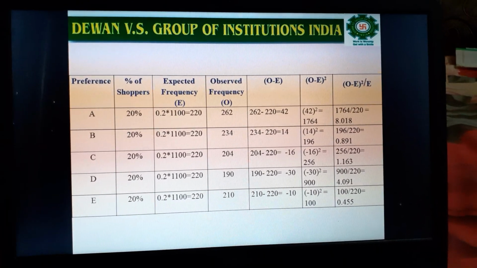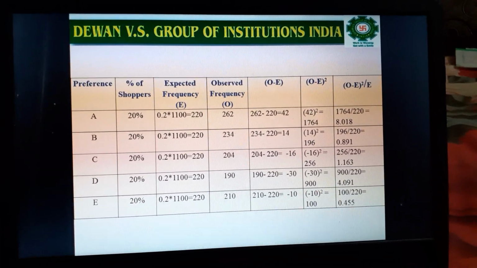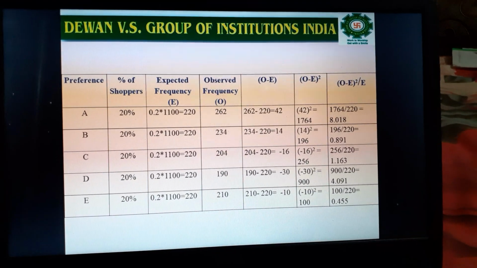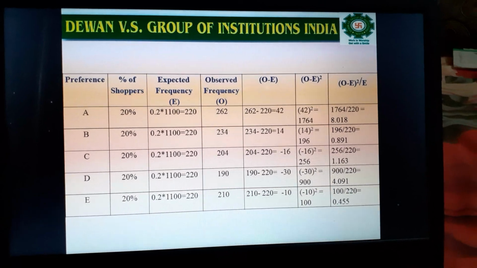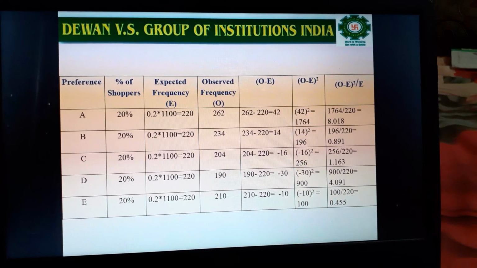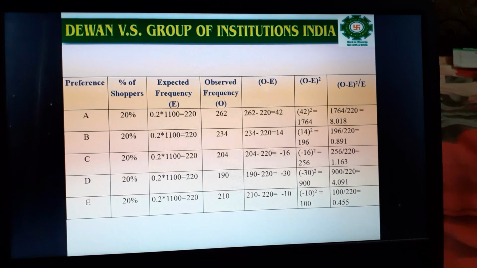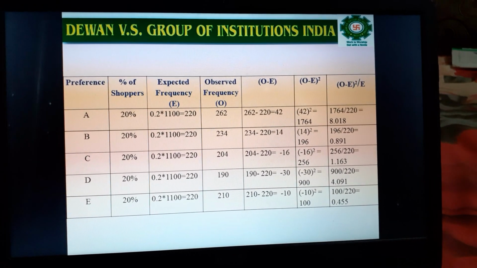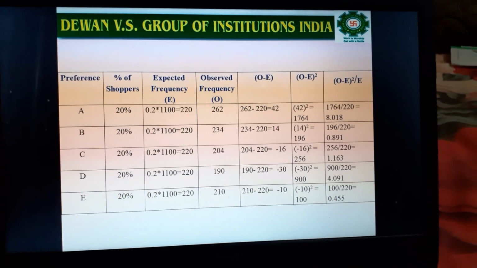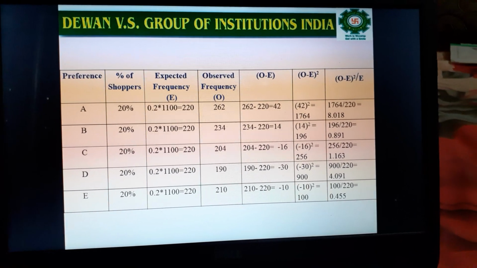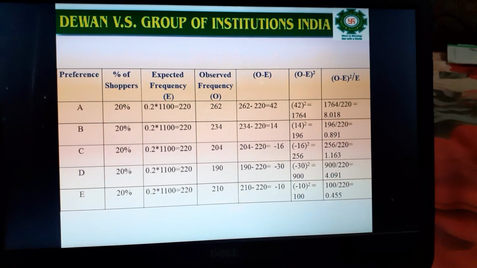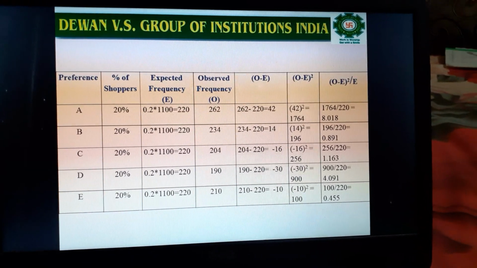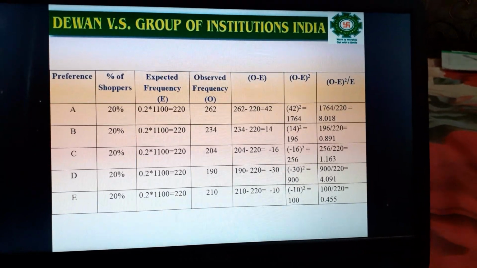Coming to the next part, the square of the difference of observed and expected frequency. For departmental store A, 42 squared is equal to 1764; for store B, that is 196; for store C, 256; for store D, 900; and for store E, 100. The last portion is observed minus expected frequency, the whole squared, divided by expected frequency.